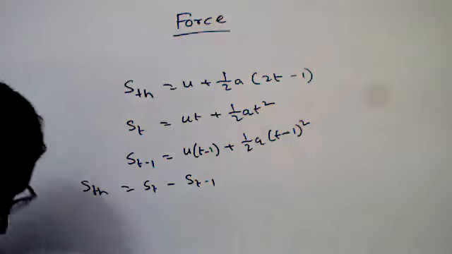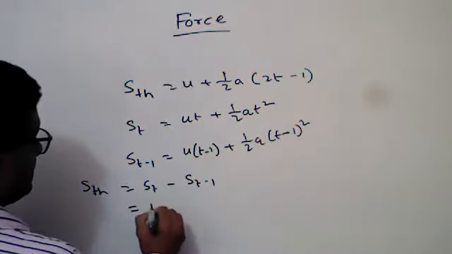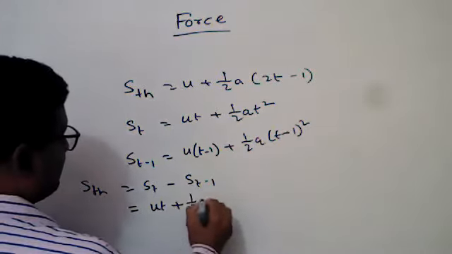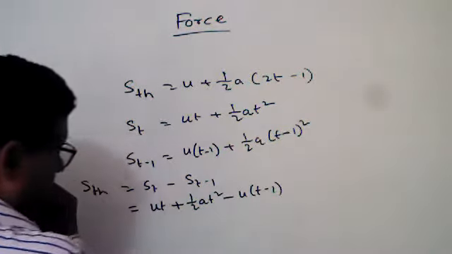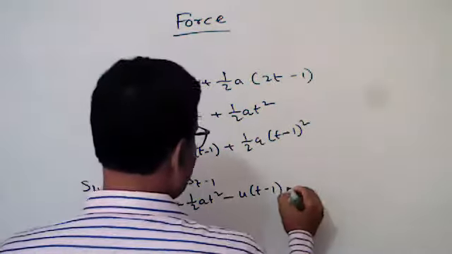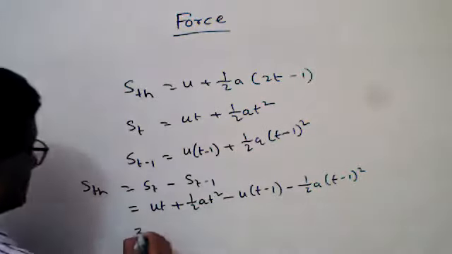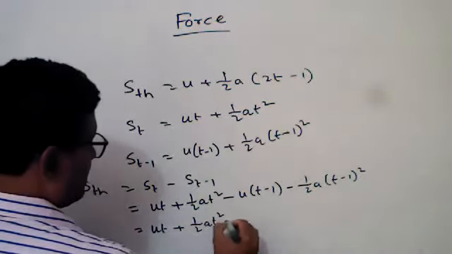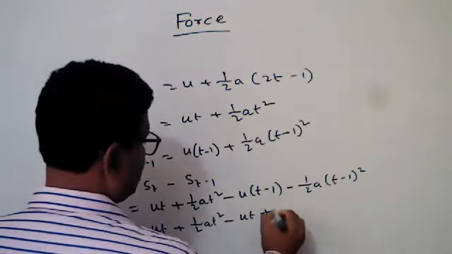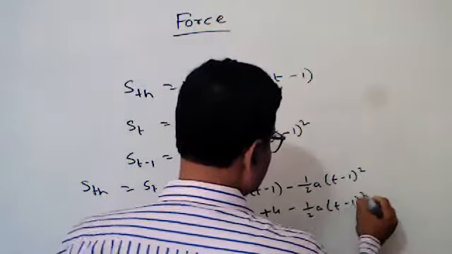Then you get ut plus half of at square minus u(t-1) minus half of a(t-1) whole square.